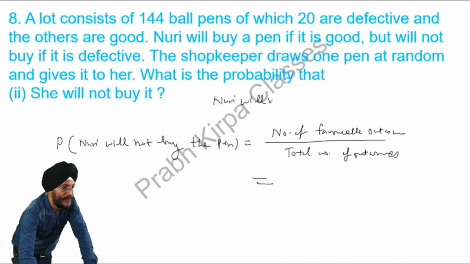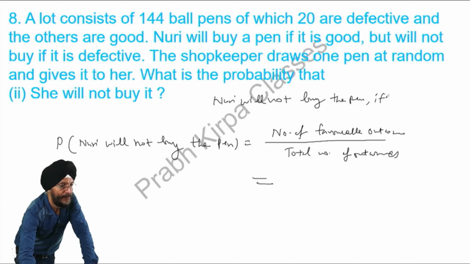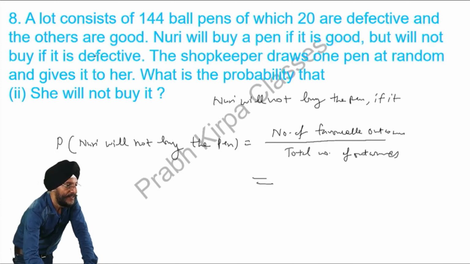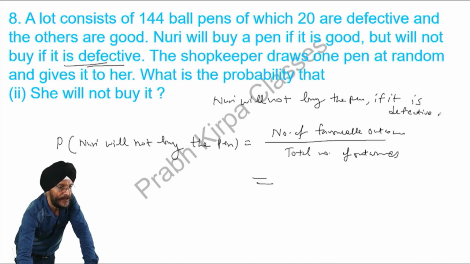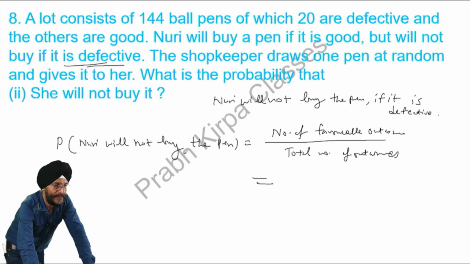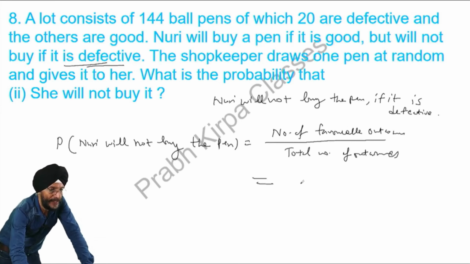Noori will not buy the pen if it is defective. So Noori will not buy pen. Its probability is to be calculated by the number of defective pens. The number of defective pens are 20.